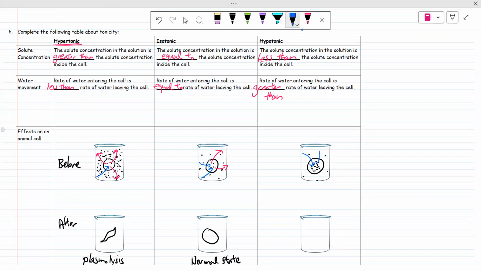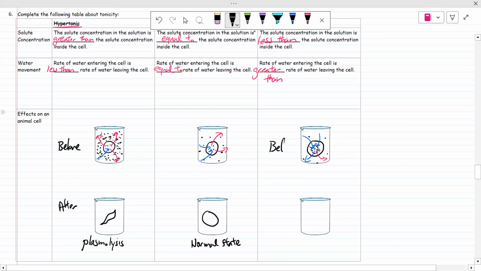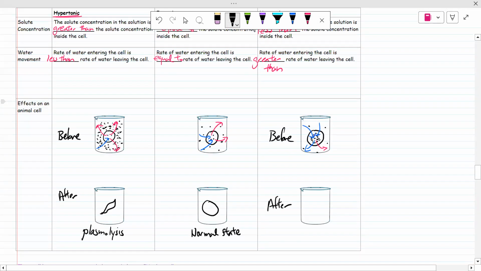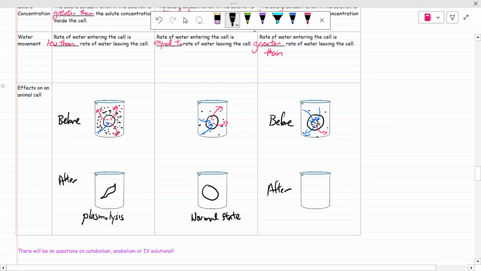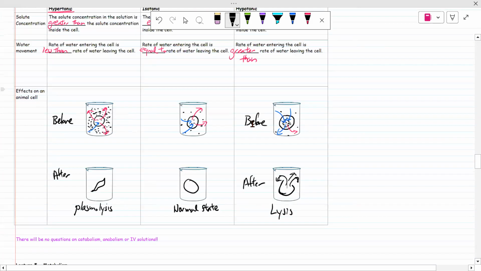So lots of water coming in and a little bit leaving. If this is an animal cell, what's going to happen? Burst. That's right. So lysis. Burst. Explode. There you go.